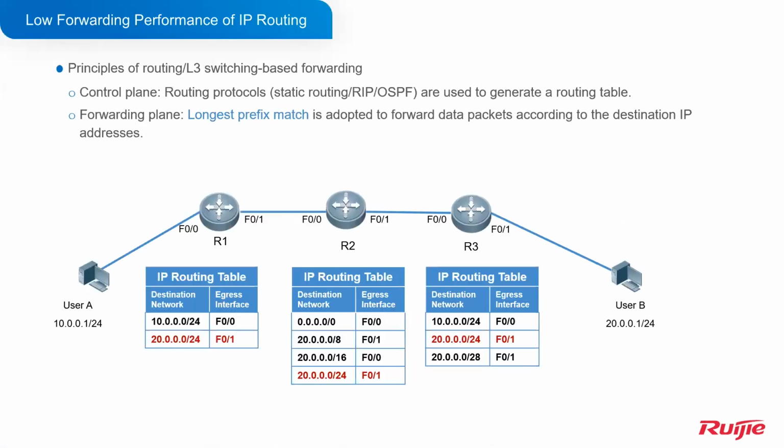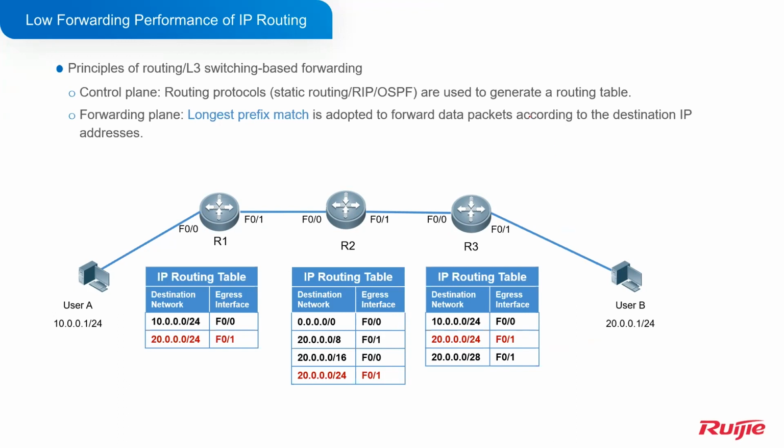The low forwarding performance of the IP routing table is because routing, or layer 3 switching, forwards according to the longest prefix match. About the control plane, all the network devices use routing protocols, maybe static routing, RIP, BGP or OSPF, and then generate a routing table.